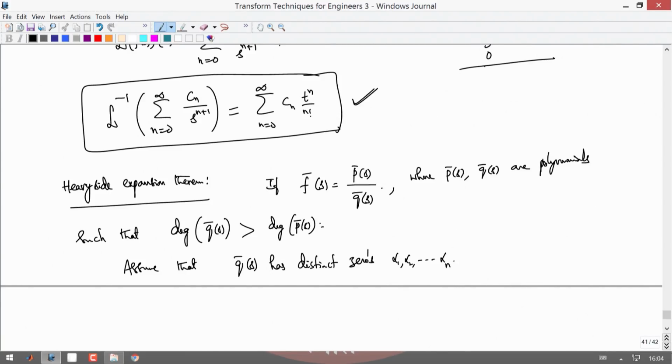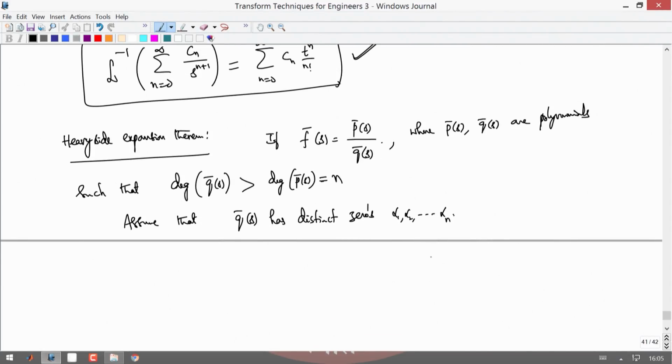So if the degree of this is n, you have alpha 1, alpha 2, up to alpha n. So they have distinct zeros. That means this equation has distinct roots. That is the meaning.